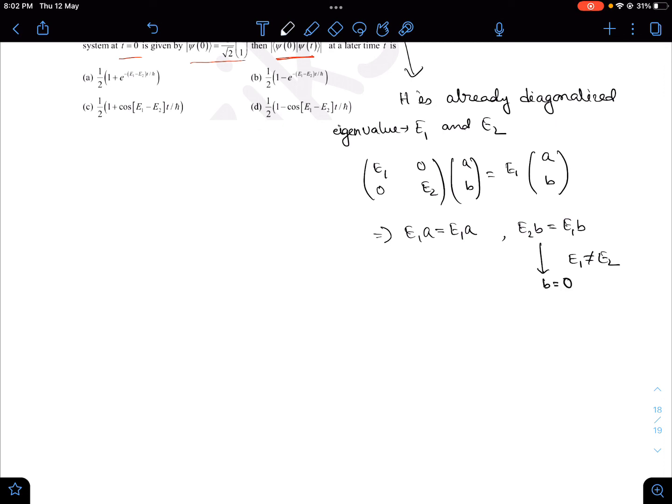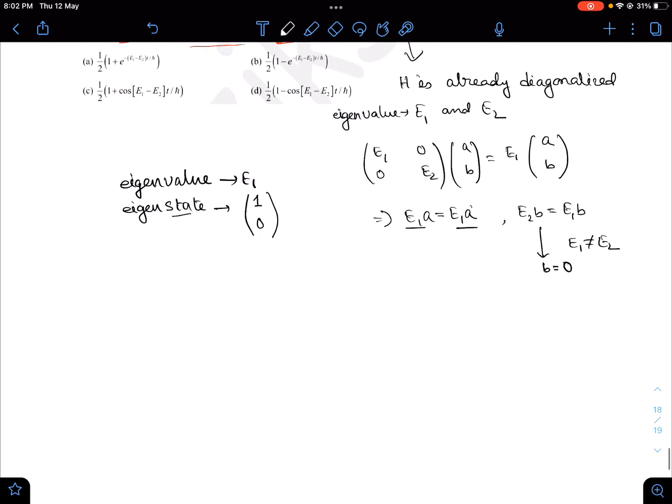So for eigenvalue E1, we have the eigenstate. B is 0, and we can take any value of A. So let us take the value of A to be 1, because we want the eigenstate to be normalized.